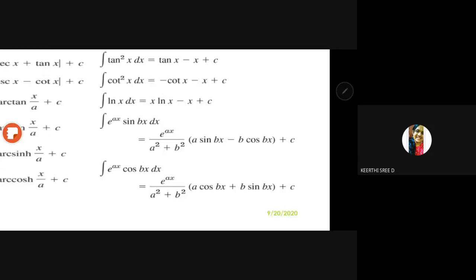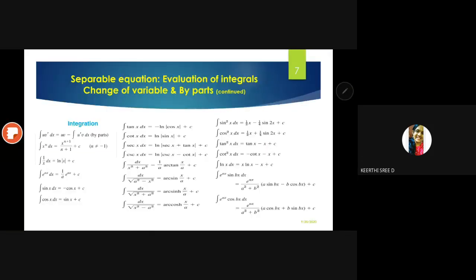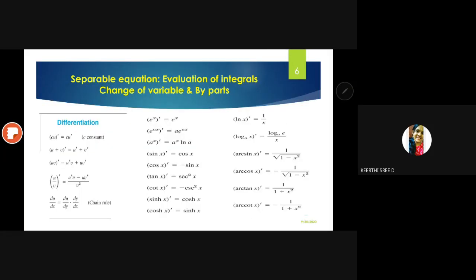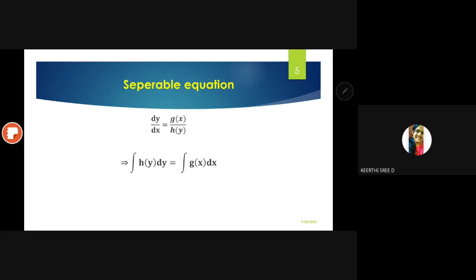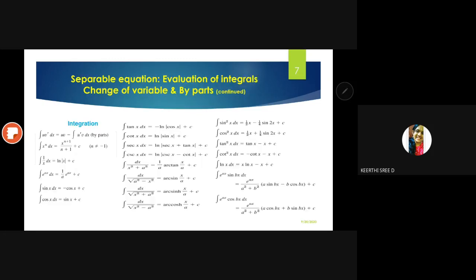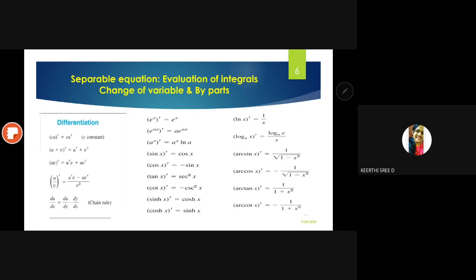That's called by parts. And these integration formulas you need to remember. So now I talked about separable equations. How to solve a separable equation? You need to look at these two tables. If you know these two tables, you can handle the separable equations.